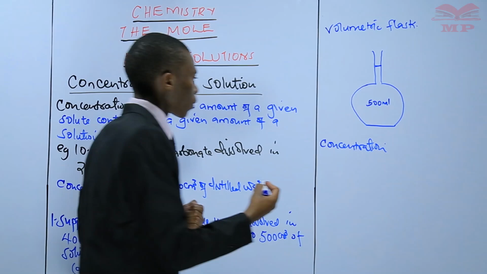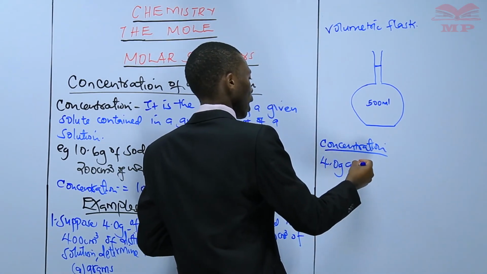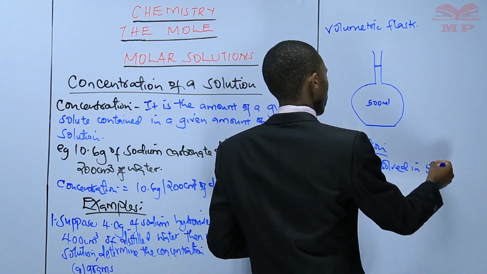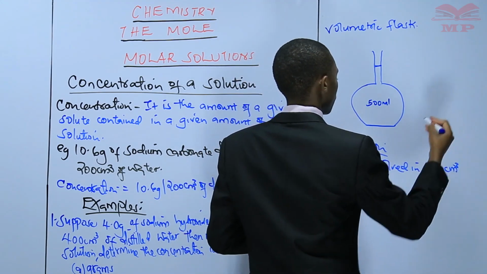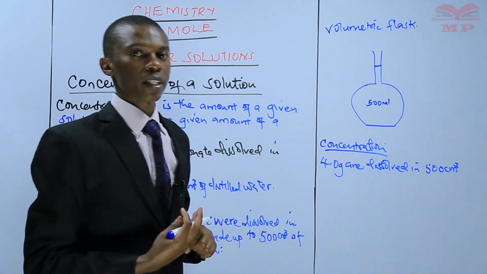Because now, 4.0 grams are dissolved in 500 centimeters cubed.